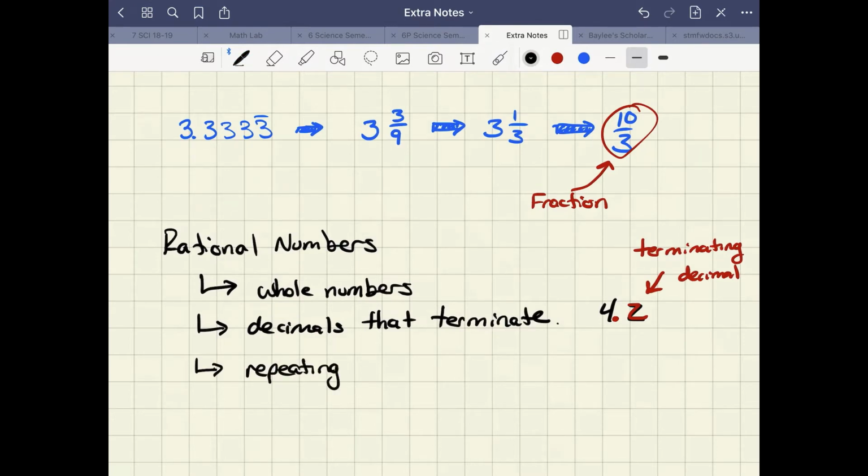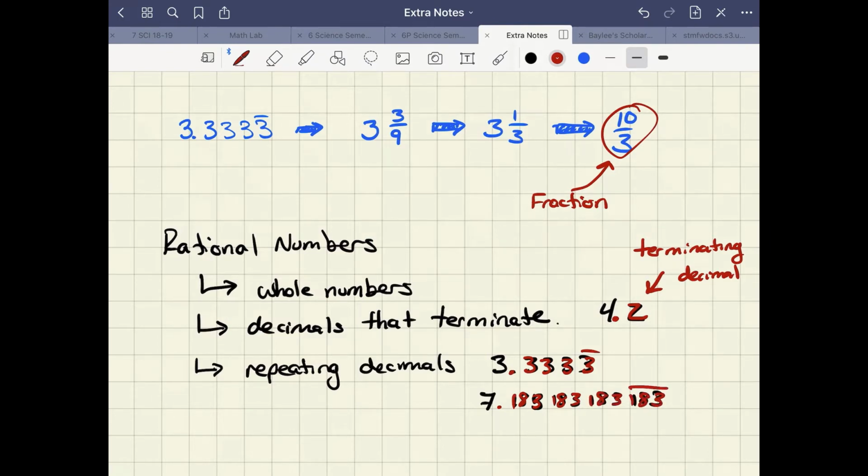Repeating decimals. So it could even be things like 3.3333, or it could be 7.183, 183, 183, 183. It doesn't matter. If there is a pattern, okay, so the 0.3 repeating, or the 0.183 repeating.